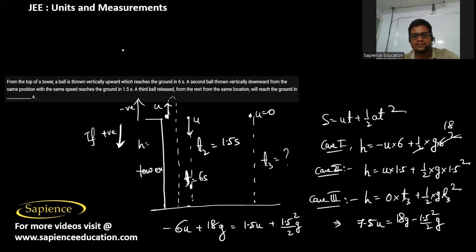Therefore u will be equal to 18g minus 1.5 square g by 2, divided by 7.5.